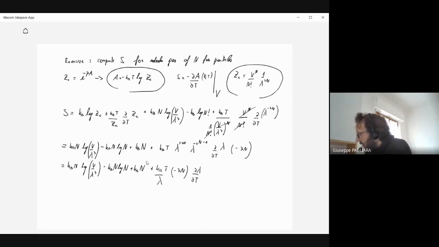Okay, now lambda is the square root of h divided by 2m pi kBT. So the derivative of lambda with respect to temperature is equal to h divided by 2m pi kB.